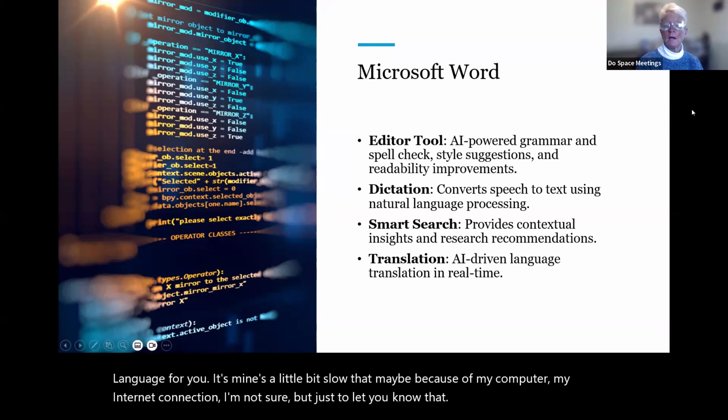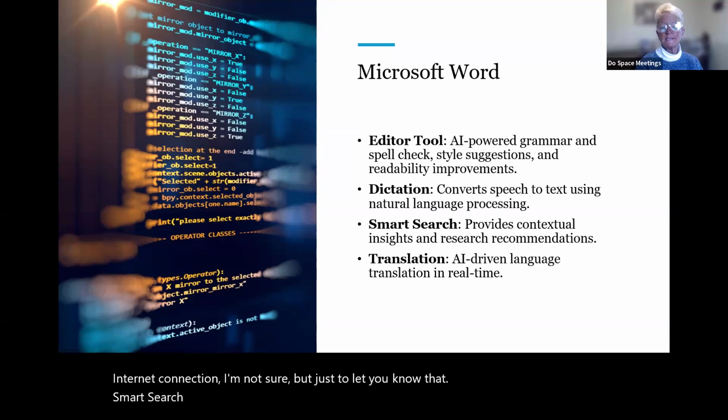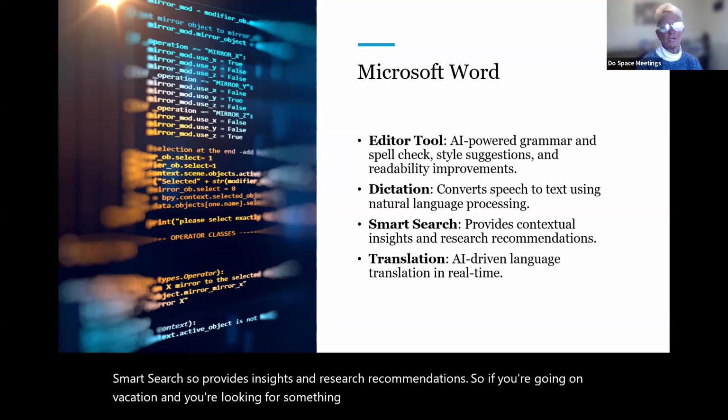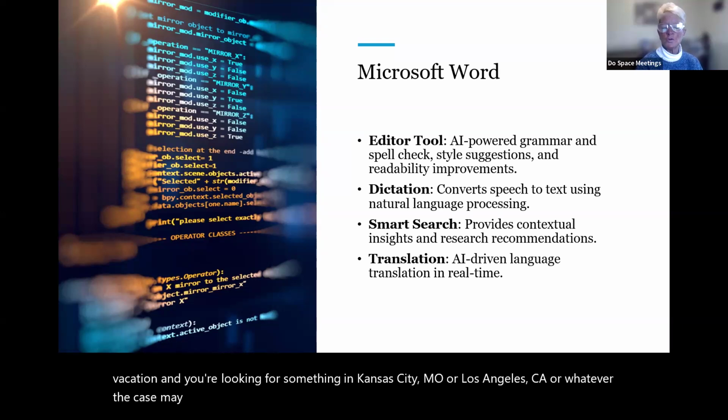Smart Search provides insights and research recommendations. So if you're going on vacation and you're looking for something in Kansas City, Missouri, or Los Angeles, California, or whatever the case may be, you can type in that city, and it will give you recommendations as to what you can do, where you can go.